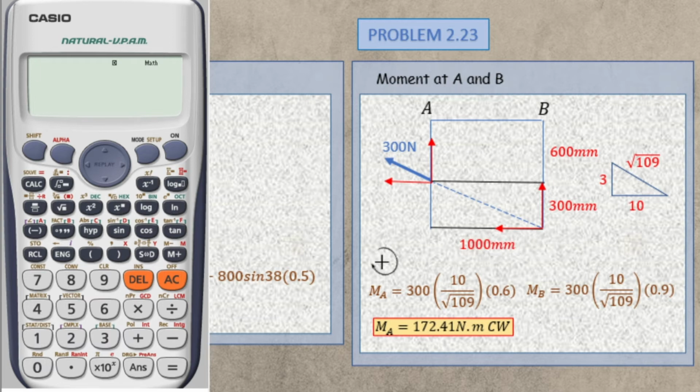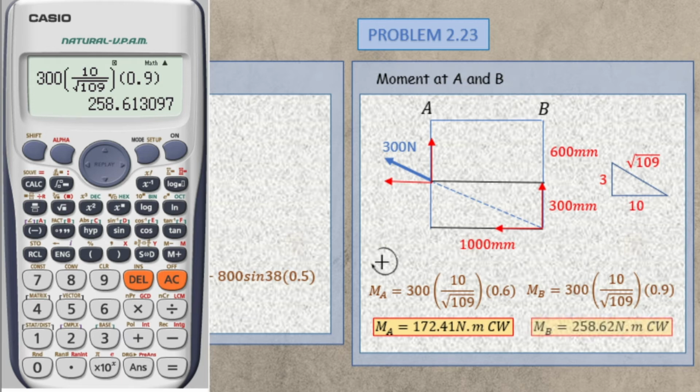So for our X component, we have 300 cosine theta, adjacent side over hypotenuse, 10 over square root of 109, multiplied by its moment arm, 0.9. So the answer will be 258.61 Newton meter in clockwise direction.